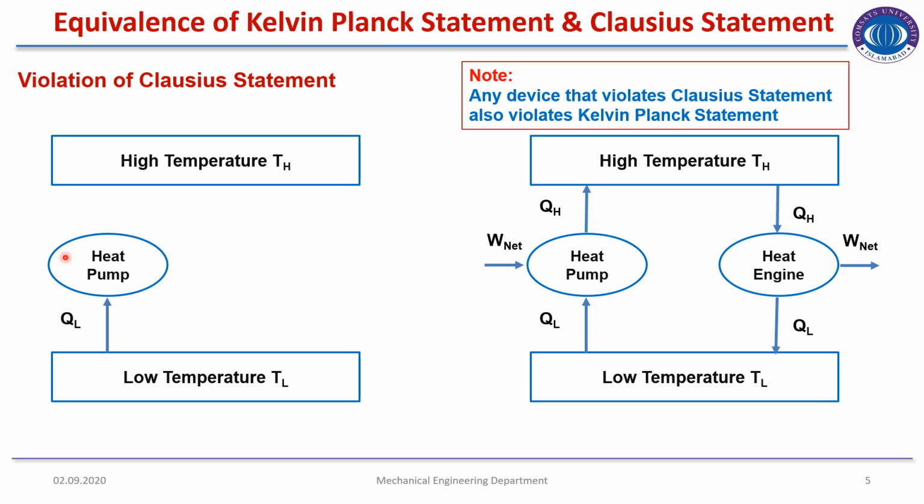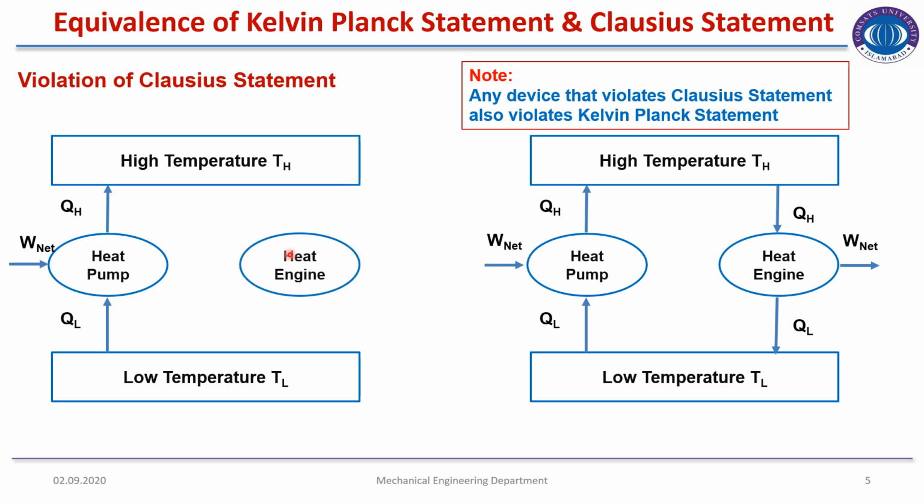We know that the function of a heat pump is to receive heat from the low thermal energy reservoir and eject it into the high thermal energy reservoir. So the heat pump is receiving heat QL from the low thermal energy reservoir and ejecting QH into the high thermal energy reservoir. In doing so, a net amount of work is done on the heat pump.